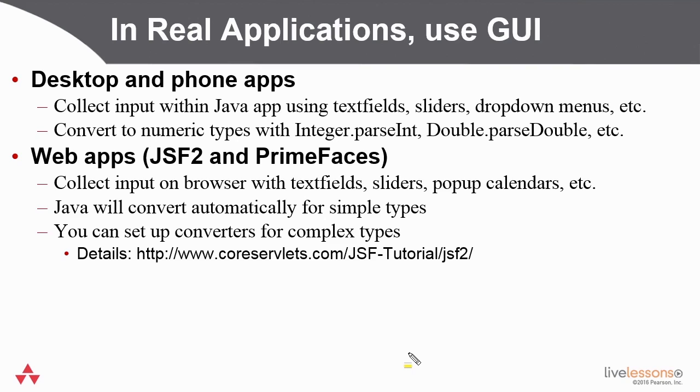Instead, you should pop up a window and you should have text fields or sliders or menus and so forth. So it's still important to know how to convert from strings to whole numbers or floating point numbers, because if you read from a text field or whatever, it returns a string. But it's not important that you can do that from the standard input.